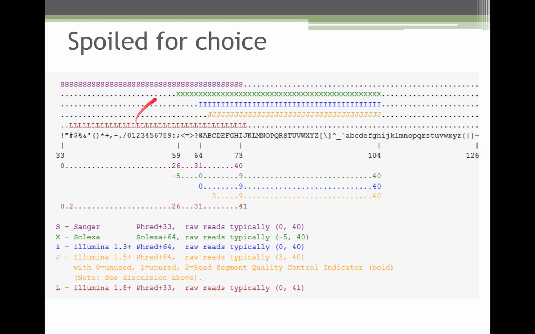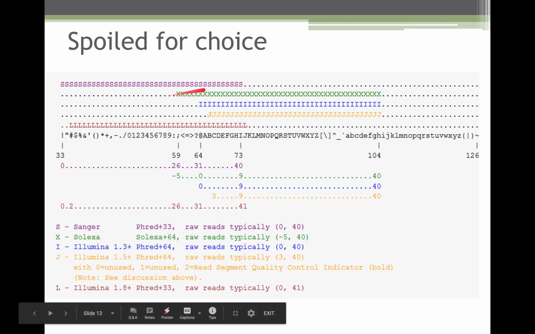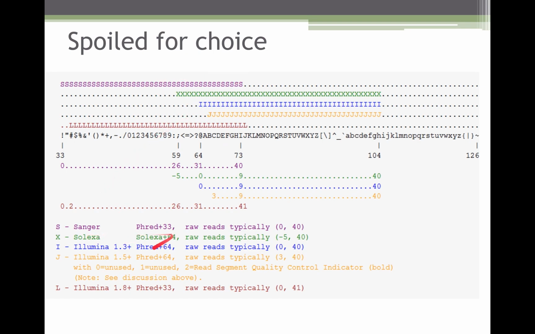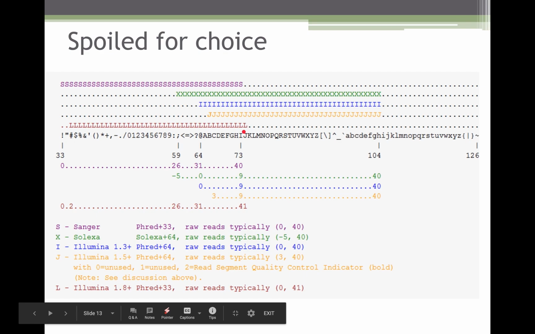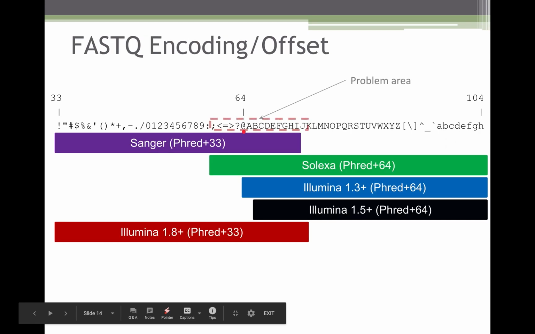Yes, so just the same thing represented here, where you have different scales that follow different scoring schemes.